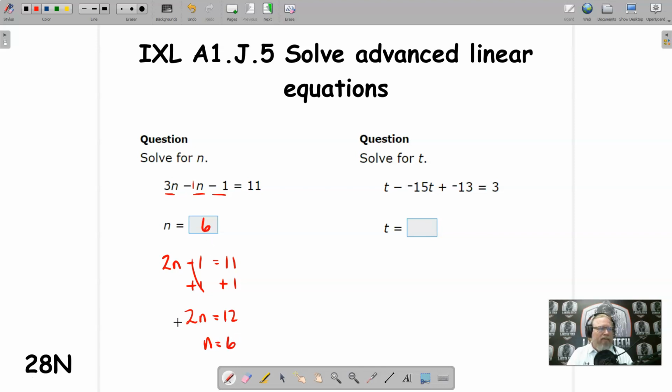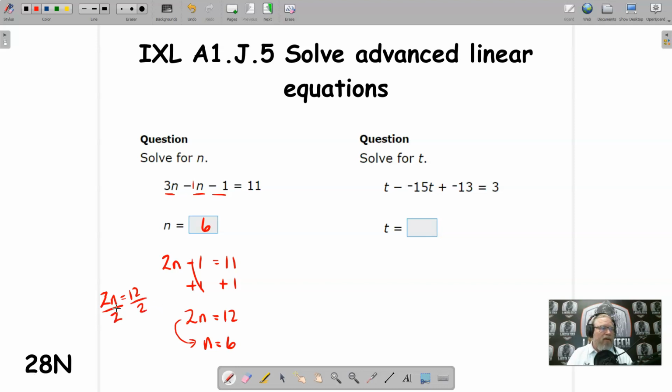If you're wondering if I went too fast from this step to this step here, go back and watch the video for the 2-step equations. We do that quite a bit, so I'm just going to start jumping straight to that. Normally, I would have said 2n equals 12. The 2 is tied to the n through multiplication. The opposite operation is division. Every fraction is a division problem, so we divide by the very number we wish to get rid of.